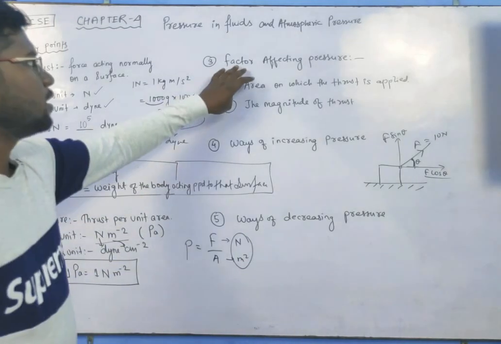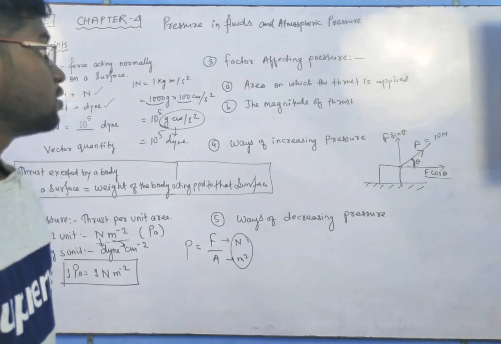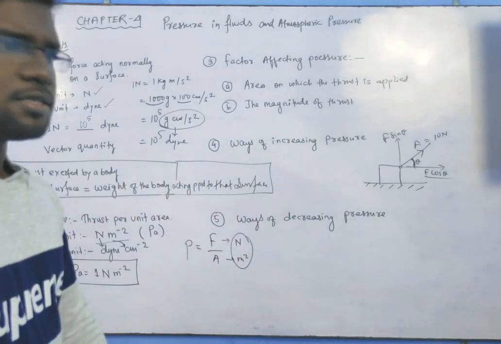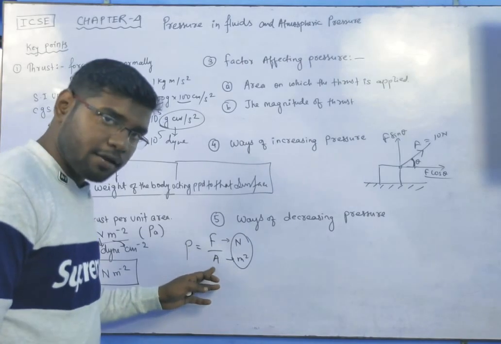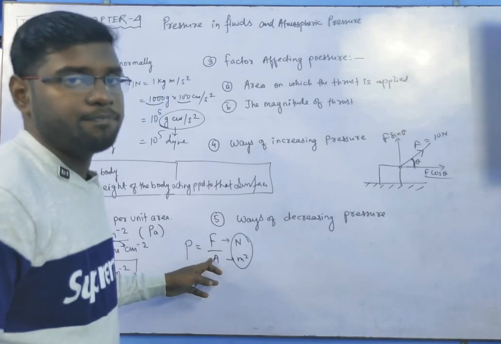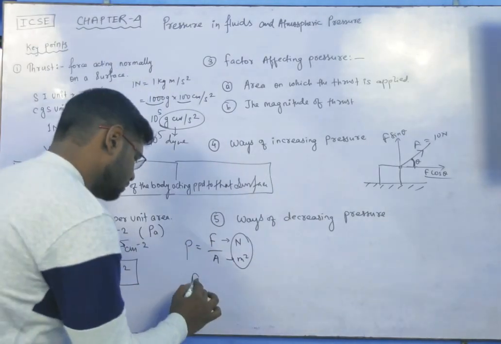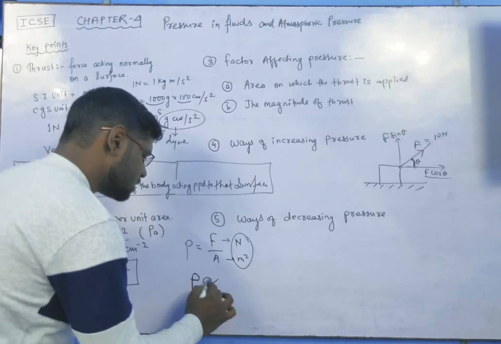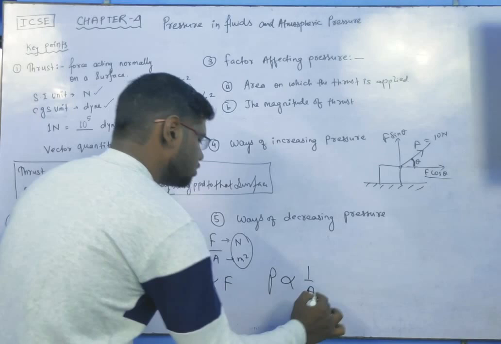Next is factors affecting pressure. What are the factors which affect the pressure? This kind of topic is very easy if you know the formula. Since pressure is related to force and area, you can look here that pressure is directly proportional to force and pressure is inversely proportional to area.